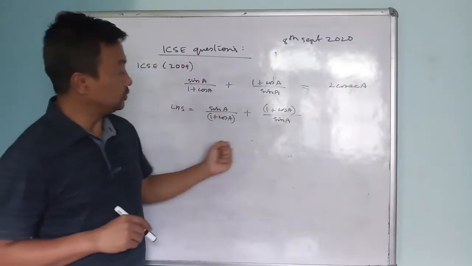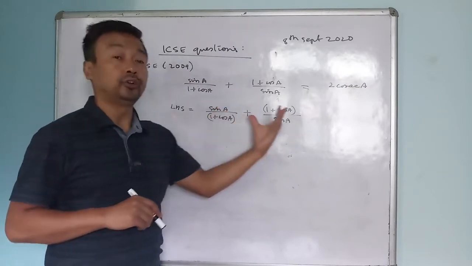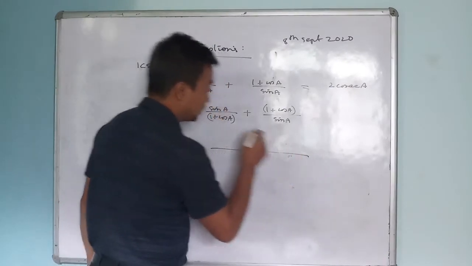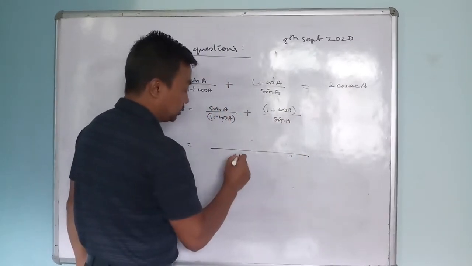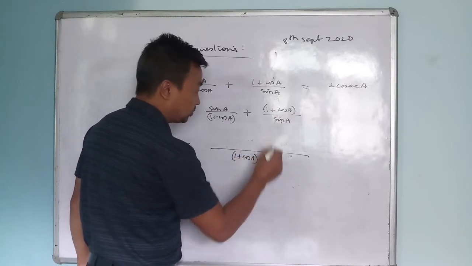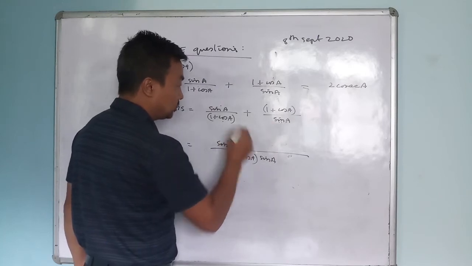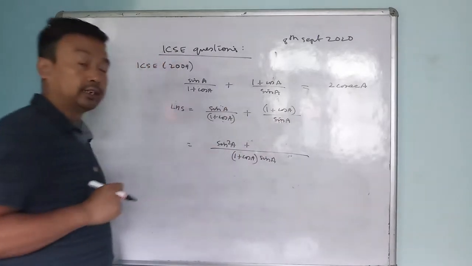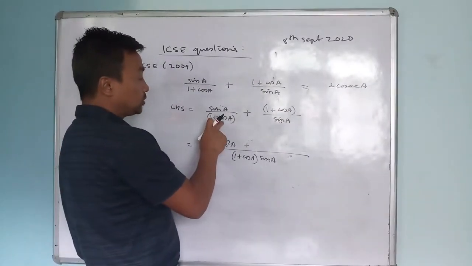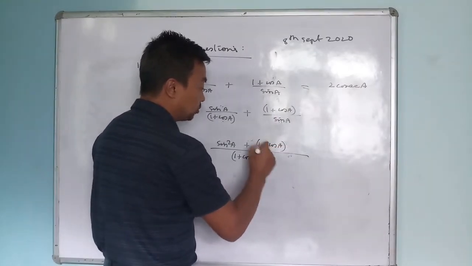So here what we can do is, we add them by taking LCM. It's quite simple. Let us take the LCM, multiply these two denominators into sine A. The numerator will multiply sine square A. Sine A into sine A will become sine square A. 1 plus cos A, 1 plus cos A, you have to multiply, it becomes the whole square.